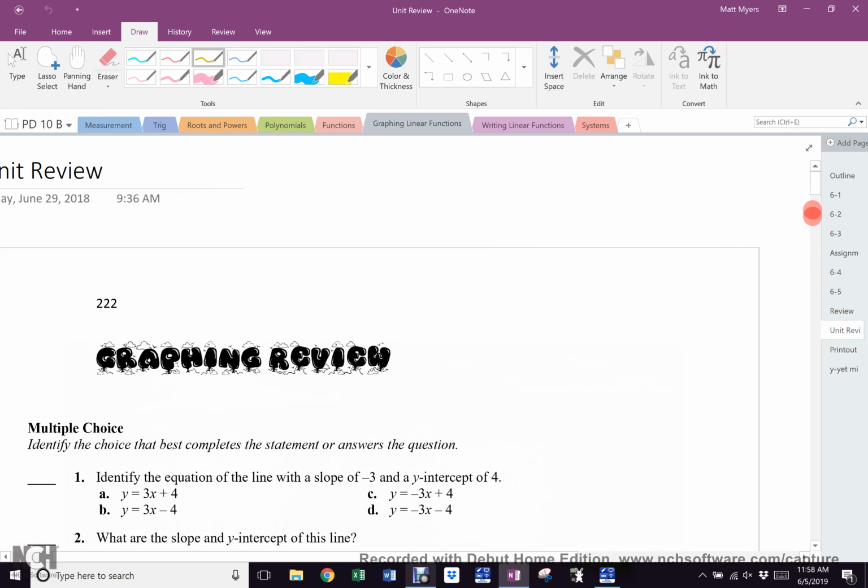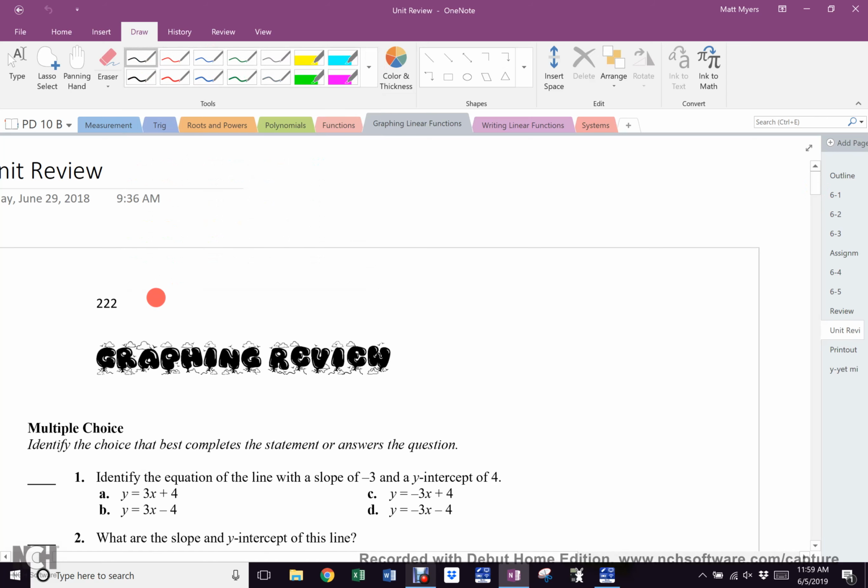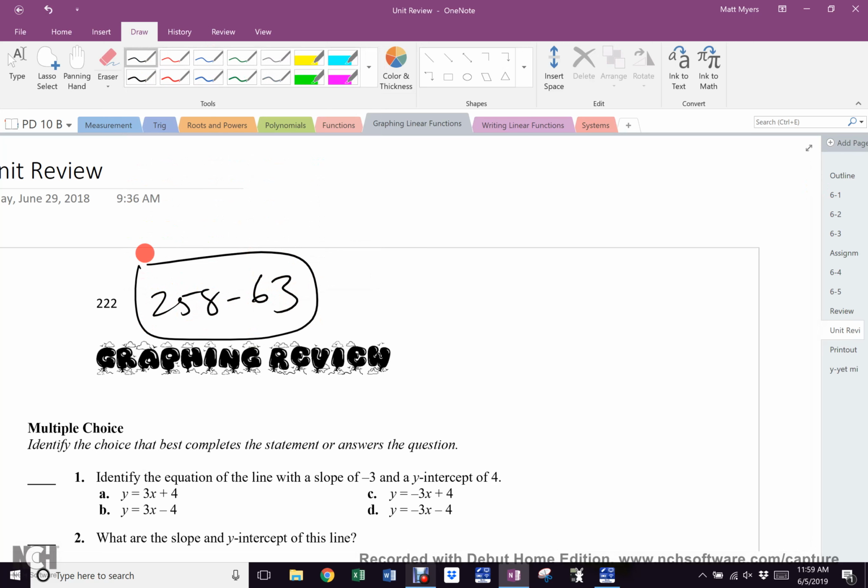To 259. 256 to 258. 258 to 263. When are we marking that? When you walk in the door tomorrow. Just like I did today. I'm just going to start. Tomorrow is a short day. I want to get it done.